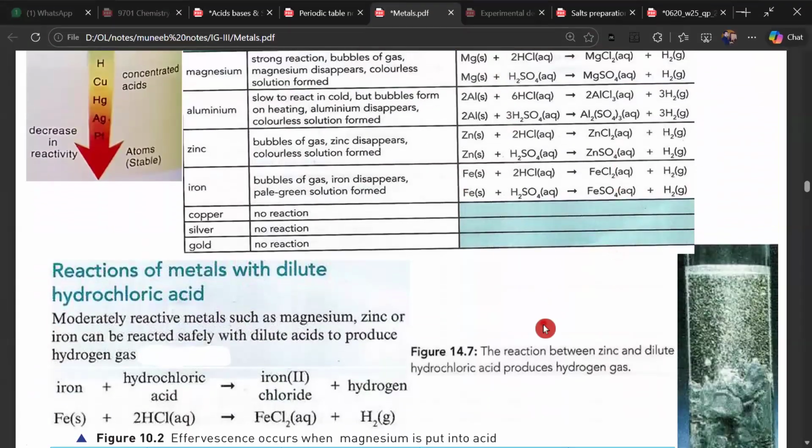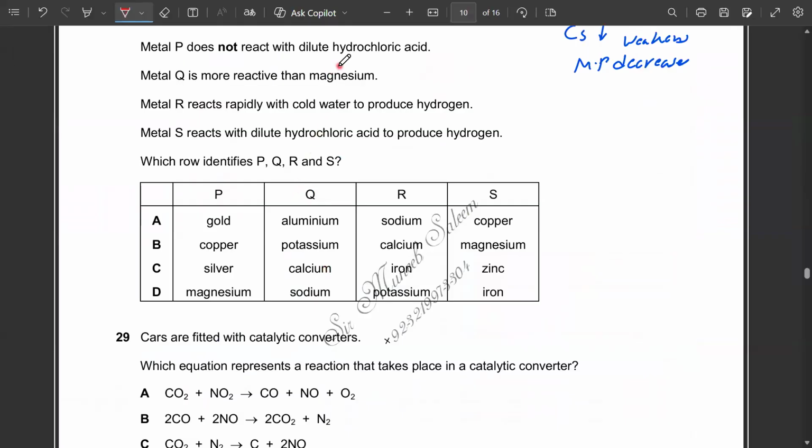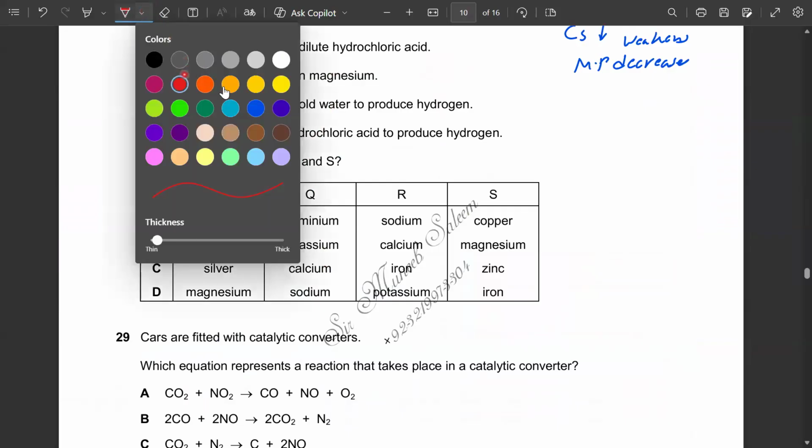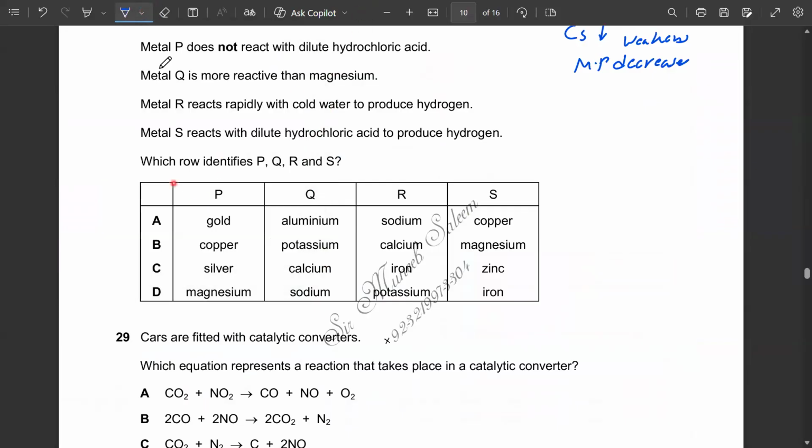So according to the first point, A, B, and C are correct options.